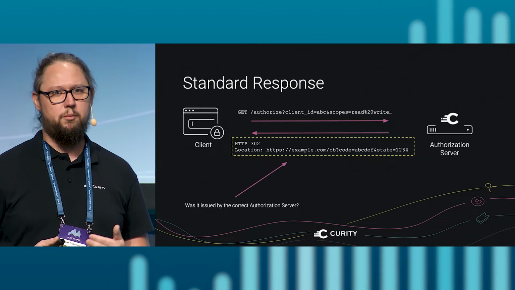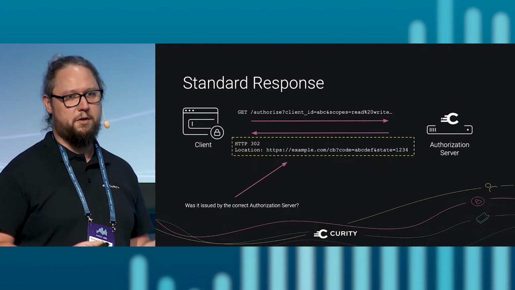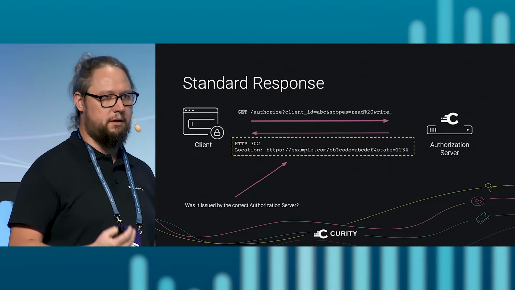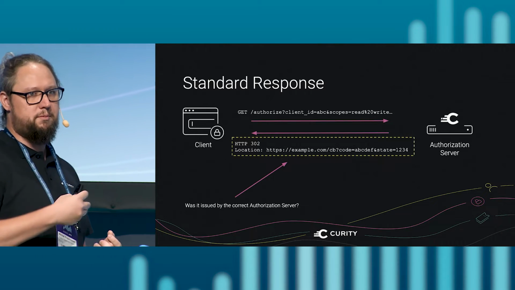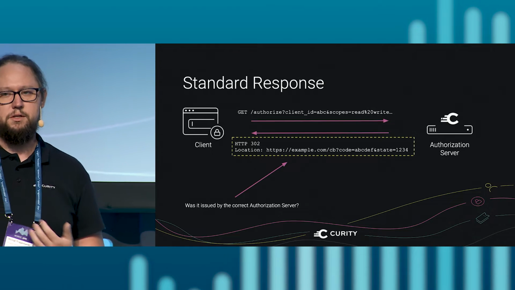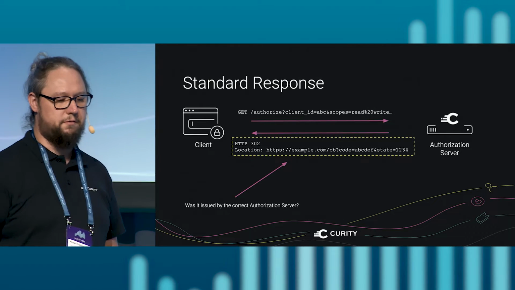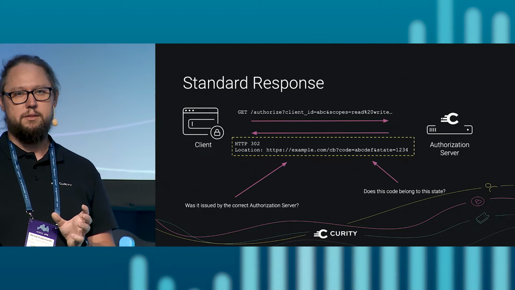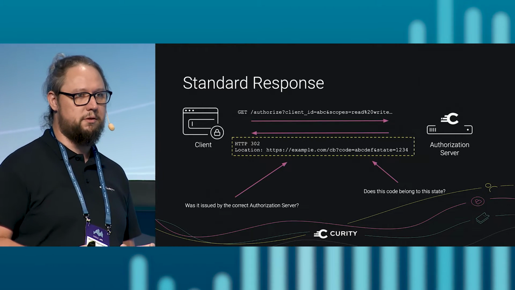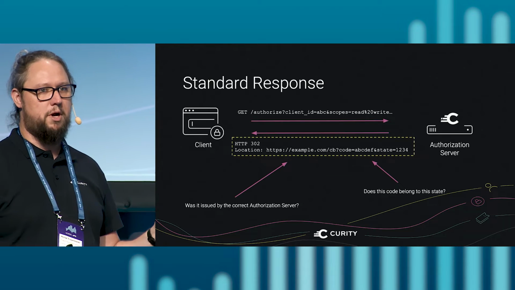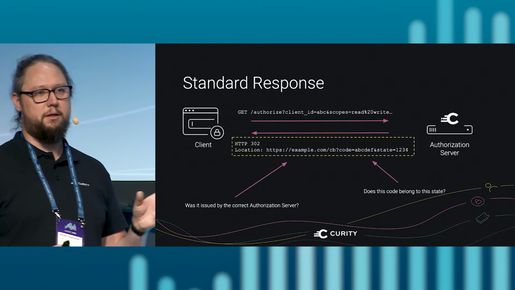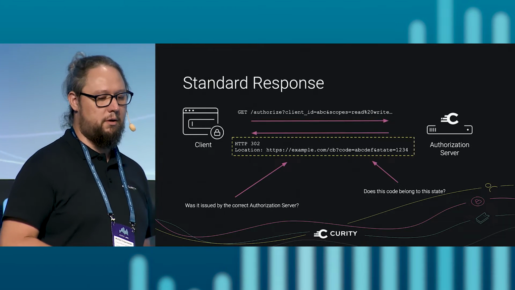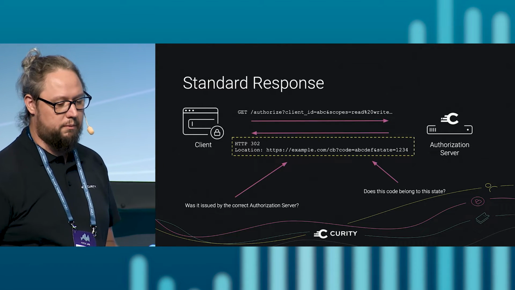And it's also a problem when the client uses a few different authorization servers to authenticate users and get the access tokens, because now it gets back the code, but it doesn't know which authorization server it should call to get the tokens from, actually. And also, again, someone can tamper with the parameters, because these parameters go through the browser to the client. And again, if we have a man-in-the-browser attack, someone can change the parameters, which can lead to also some attacks.